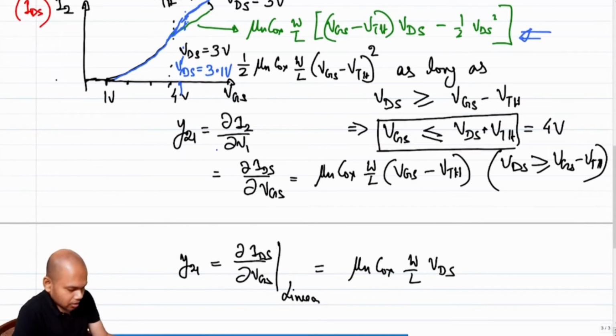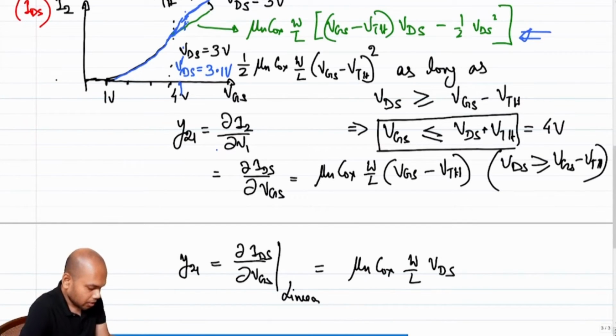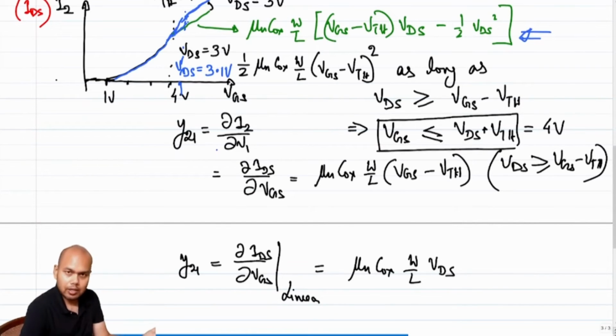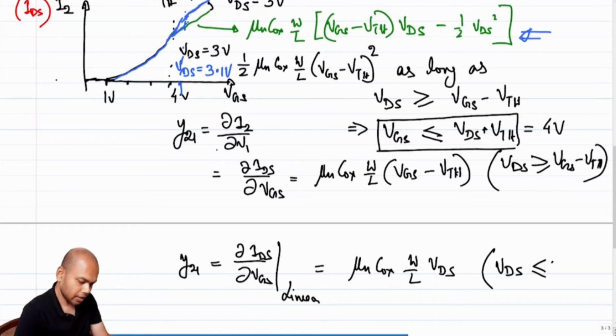Now, can you comment on which Y21 is higher, the Y21 in saturation region or Y21 in linear region? Note that this also has a limit. The limit is VDS is less than VGS minus the threshold voltage.